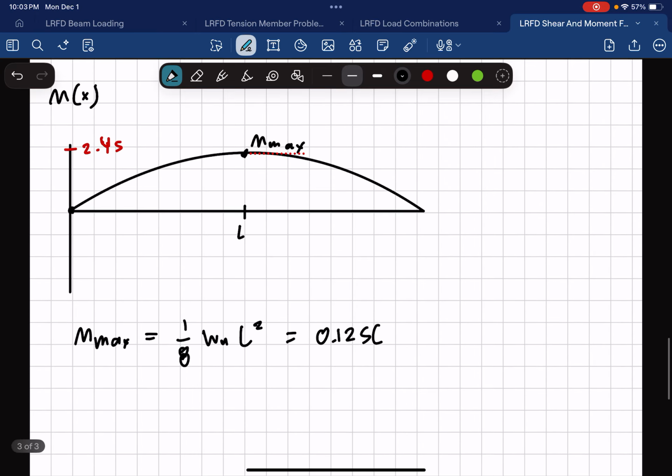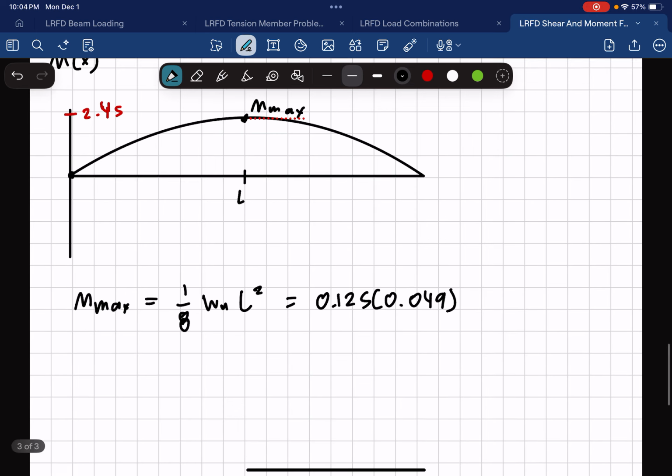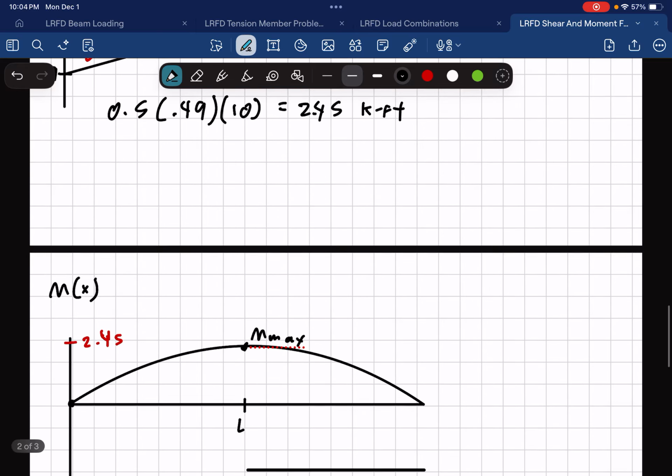We're doing kip feet here, so our distributed load is 0.049 kips per linear foot, because it's 49 pounds, and if you do that conversion, that's where it comes out, times 20 squared. If we do this math, 0.125 times 0.049 times 20 squared also equals 2.45. So you can see these methods check out against each other.